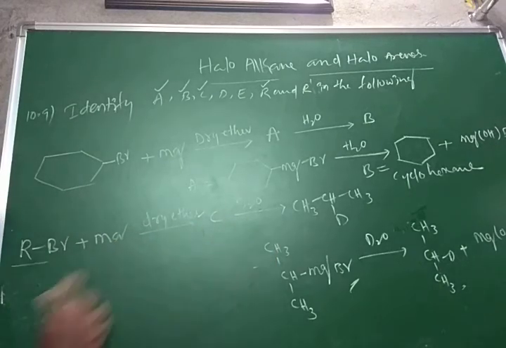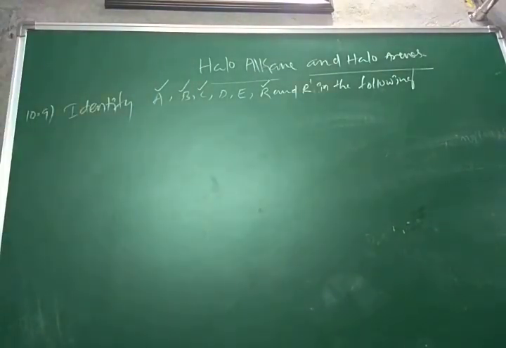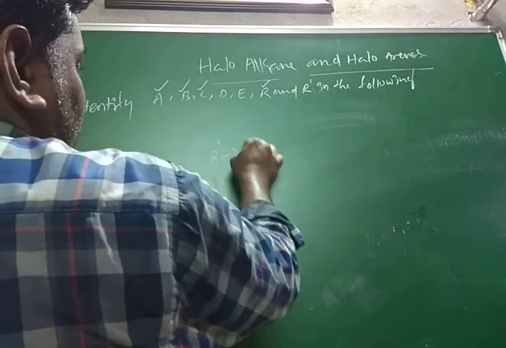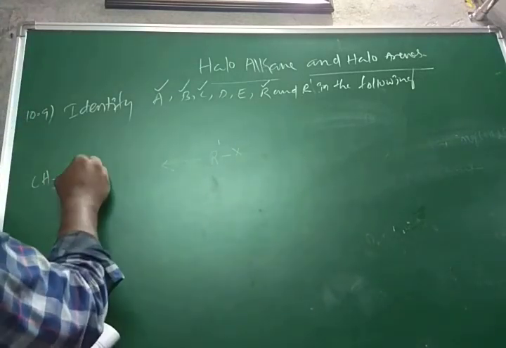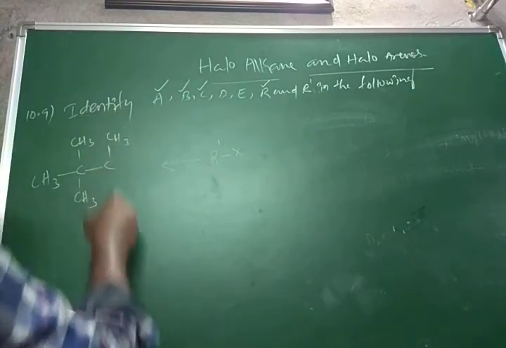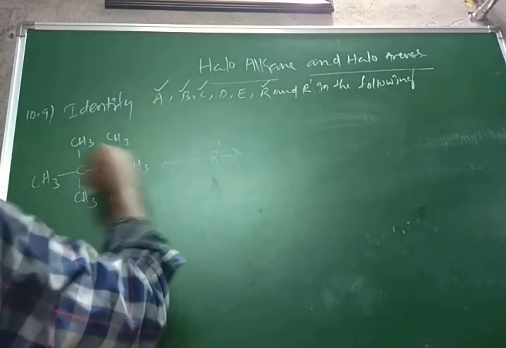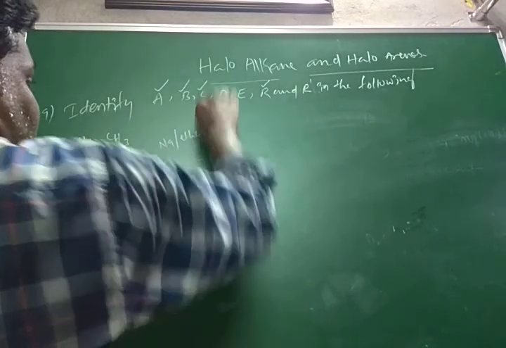The next question: here R dash X reacts and forms CH3 CH3, in the presence of sodium and dry ether.